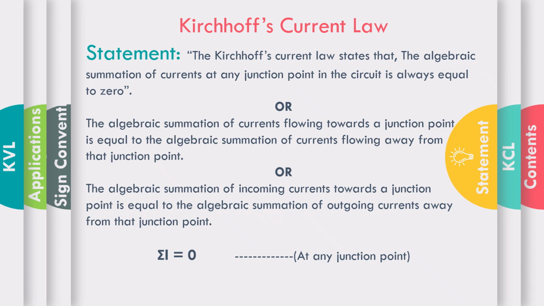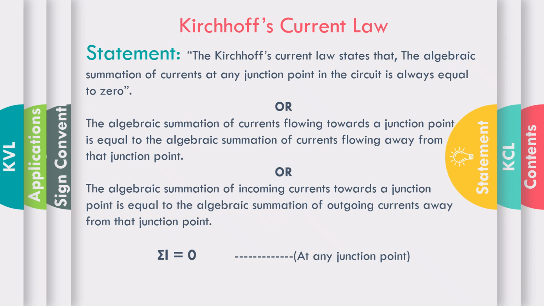The mathematical equation of Kirchhoff's law is summation I is equal to 0 at any junction point. We can write this statement in another way also. The algebraic summation of currents flowing towards the junction point is equal to the algebraic summation of currents flowing away from the junction point.